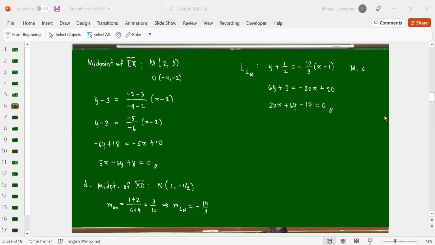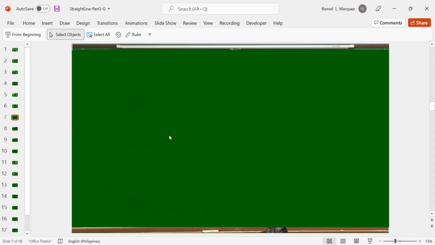So that's it. What about equations of lines that are parallel? How are the coefficients of x and the coefficients of y related if the lines are parallel?